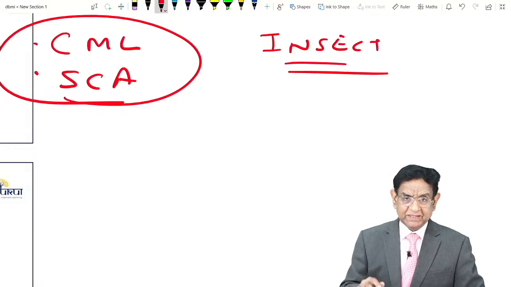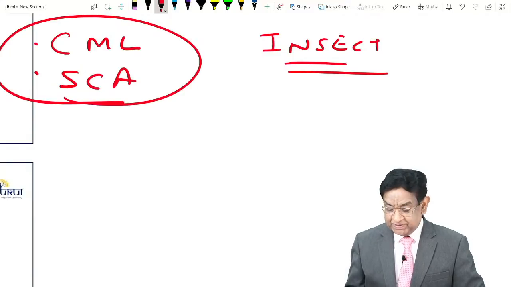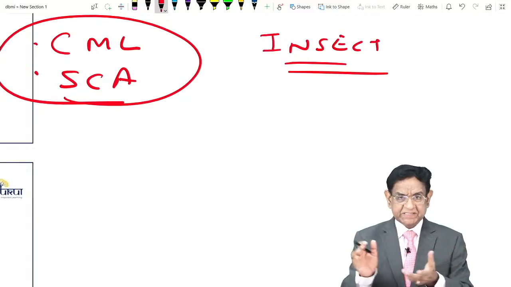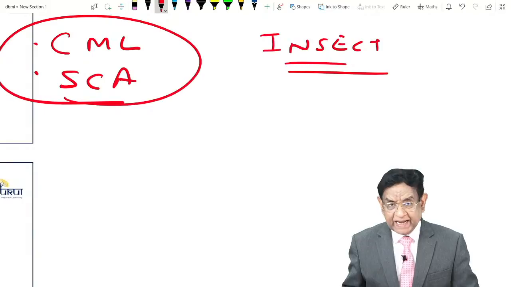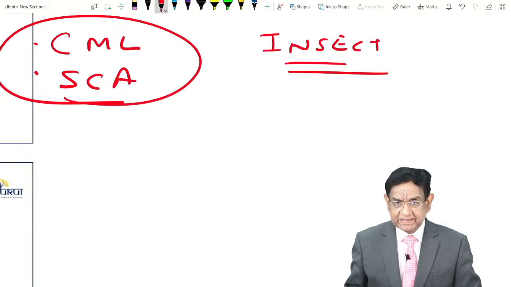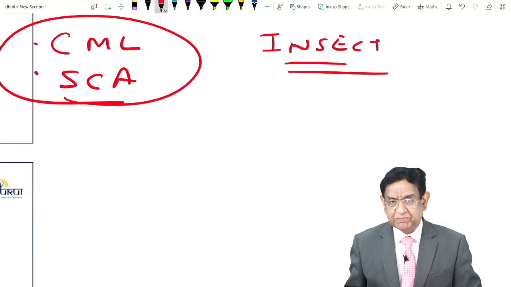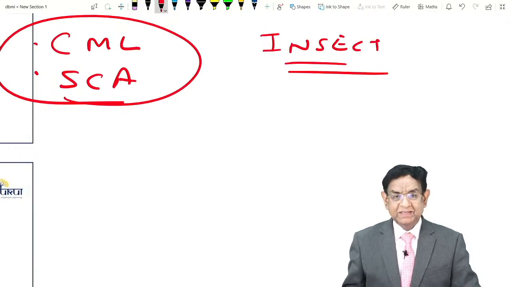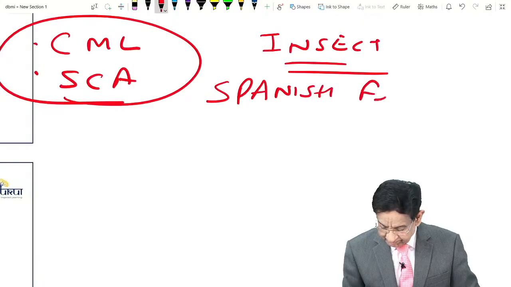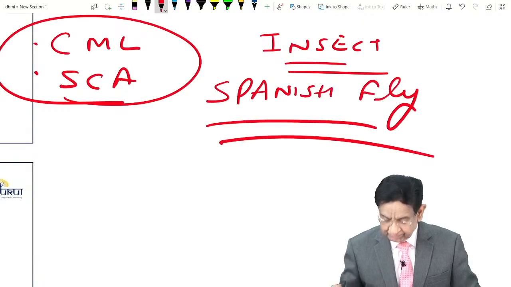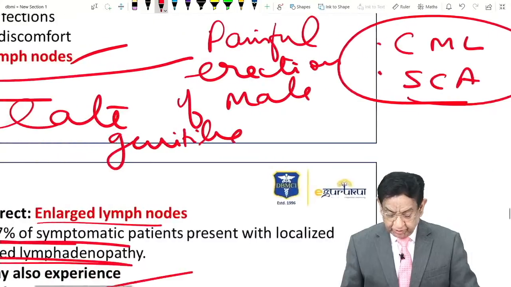There was a movie also based on this, because what they do, they catch the insect, they crush it, and that material is used as an aphrodisiac. Aphrodisiac, the term for something that increases sexual drive, but at the same time it can lead to priapism also. Well, the answer is Spanish fly. Okay.